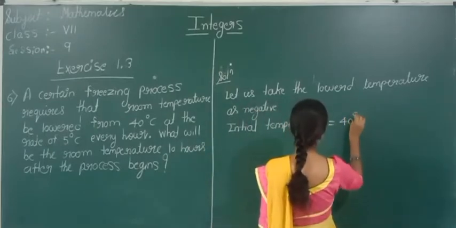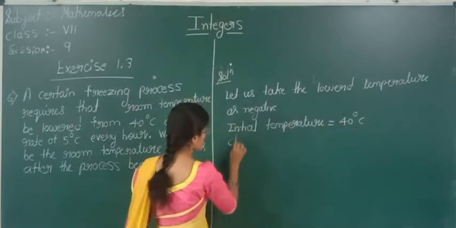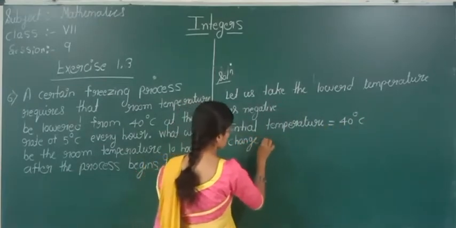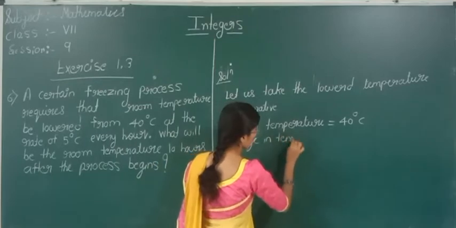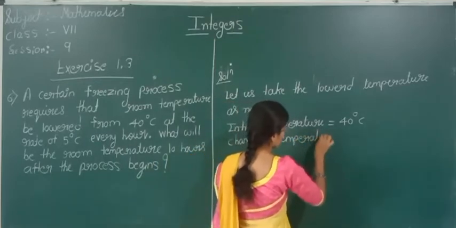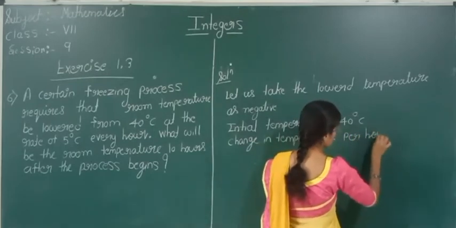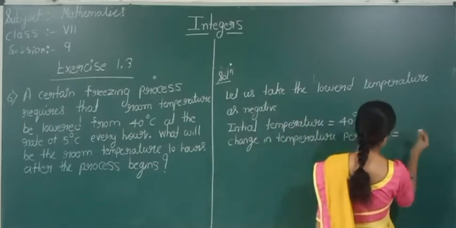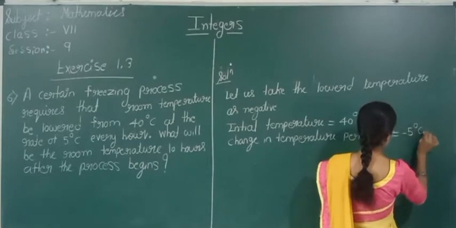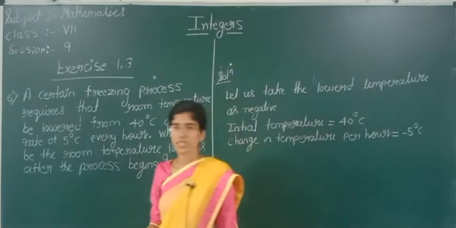See the initial temperature they have given, the initial temperature is 40 degrees Celsius. Say the change in temperature per hour. Per hour the temperature has been changing by -5 degrees Celsius.